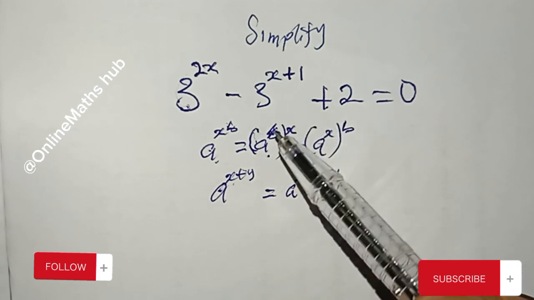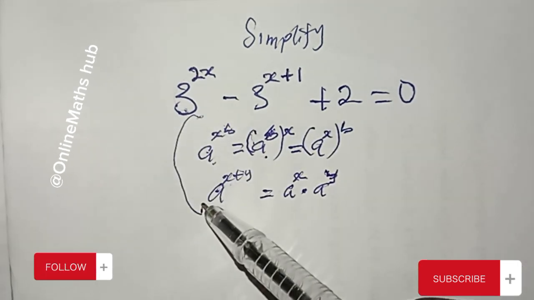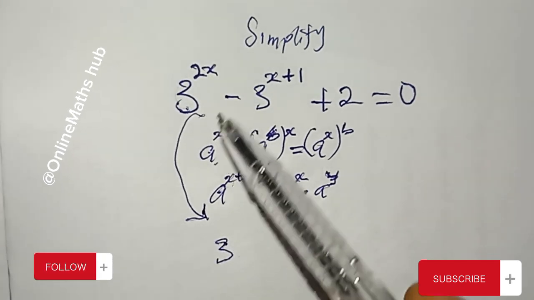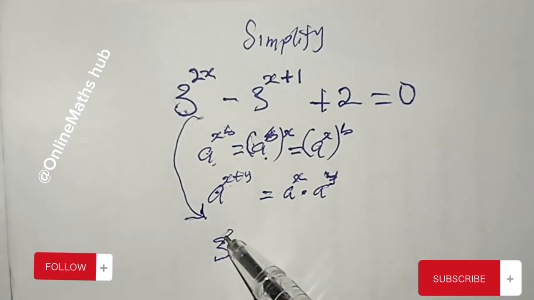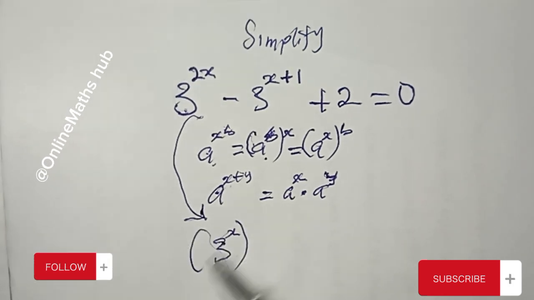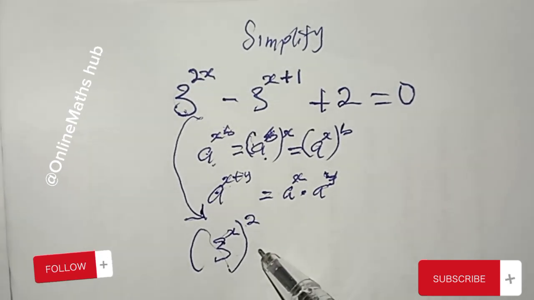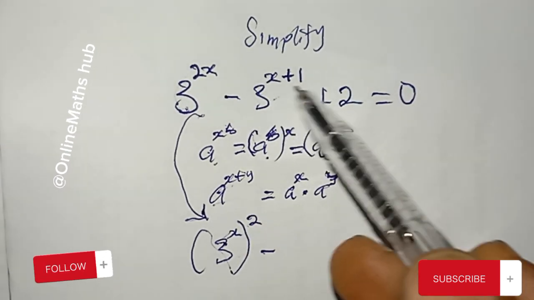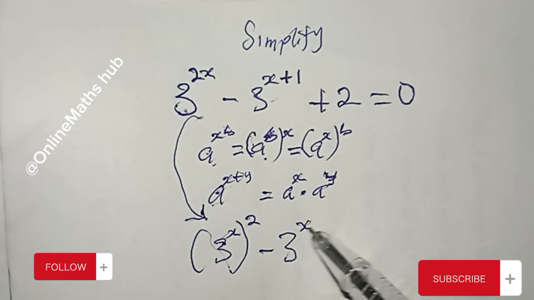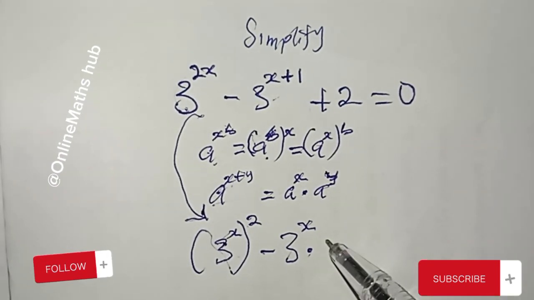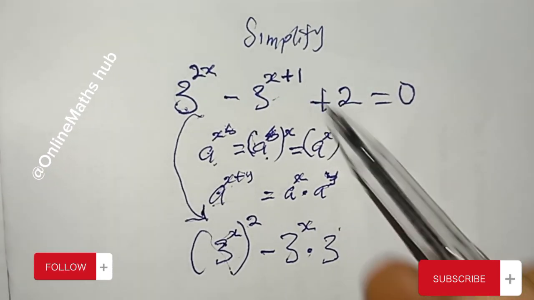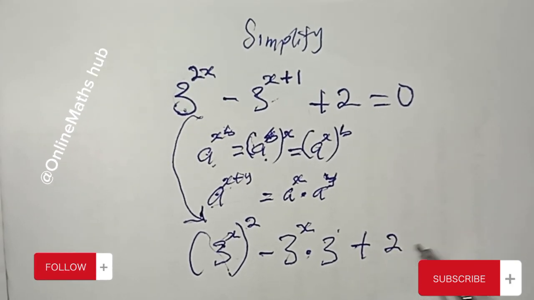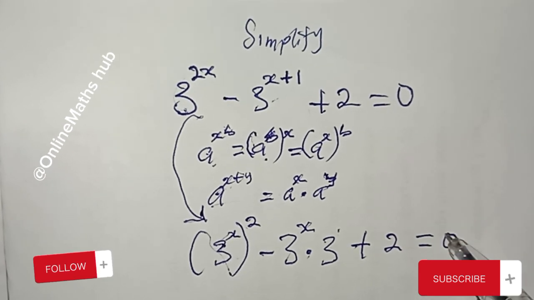So if I do that, this question changes to 3 raised to power x, and then I'll put the 2 outside, minus 3 raised to power x multiplied by 3 raised to power 1, and of course 3 raised to power 1 is still the same as 3, plus 2 is equal to 0.